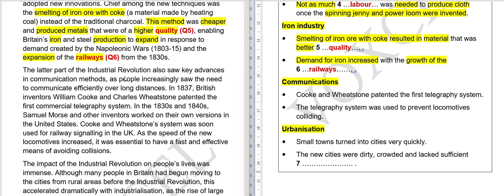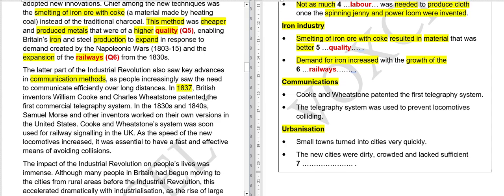The latter part of the industrial revolution also saw key advances in communication. So here is communication methods. I am highlighting this because on paper I will underline this, because in true false I may have to find something about communication methods, so I will be able to easily figure out the location. As people increasingly saw the need to communicate effectively over long distances.